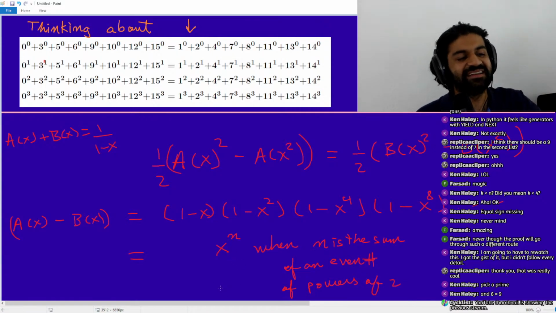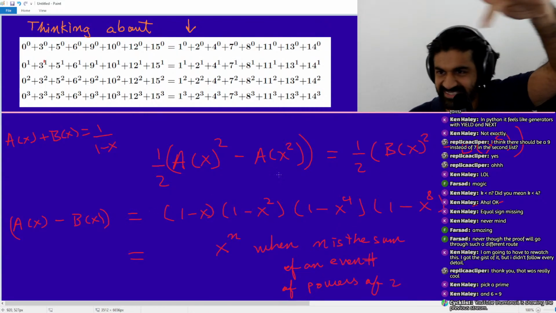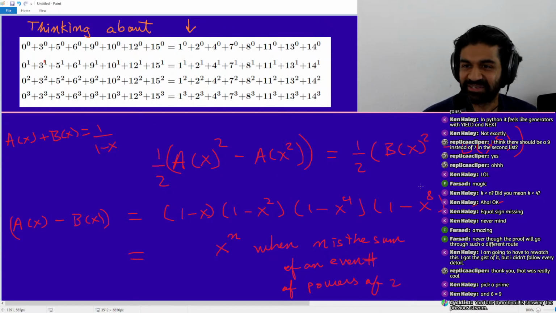And you'll get negative x to the n whenever n is the sum of an odd number of powers of 2. That's what multiplying this infinite product looks like.